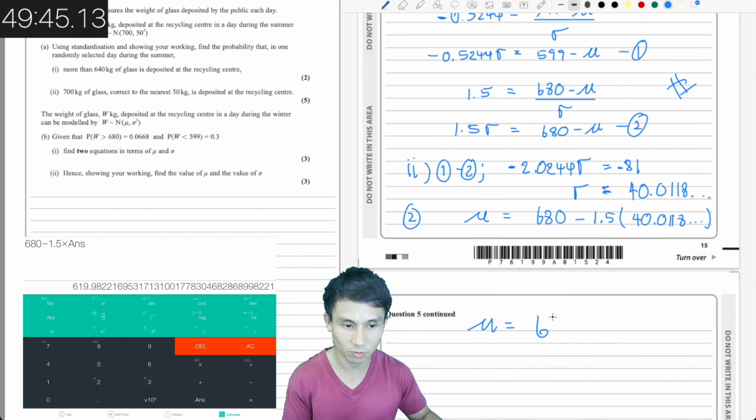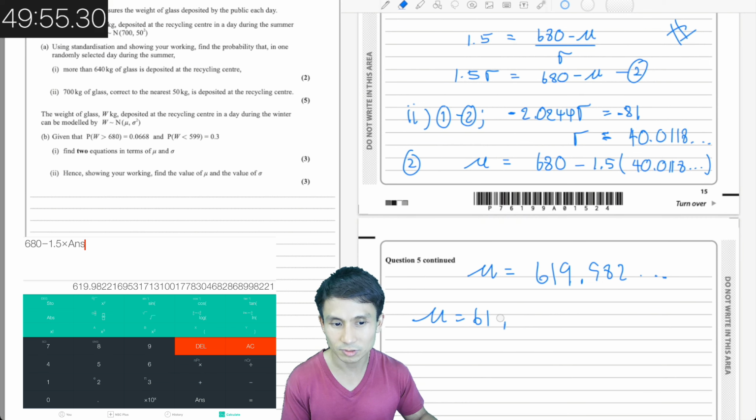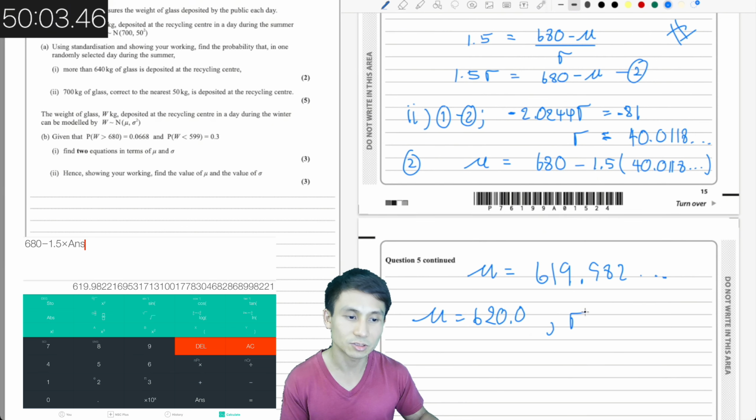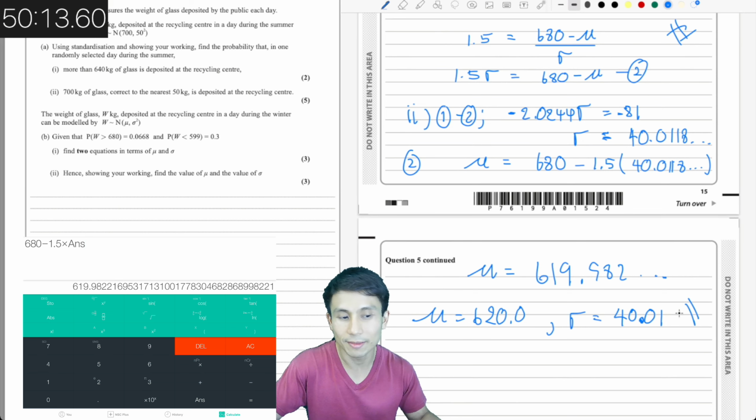So I get 619.98 and so on. So therefore mu equals 620.0. Gotta be careful with rounding that. And then sigma would be equal to 40.01, just to the same significant figures. All right, and that's it.